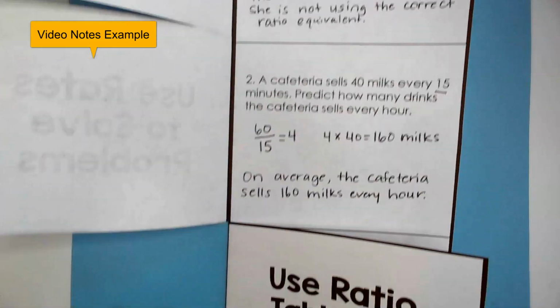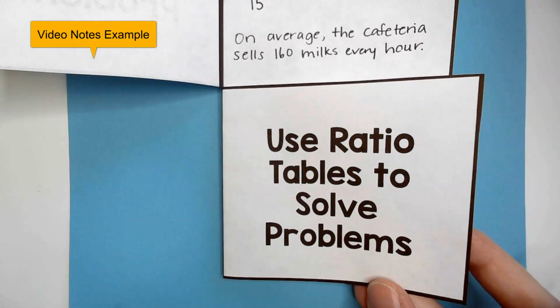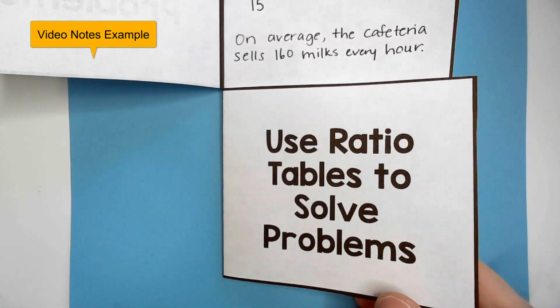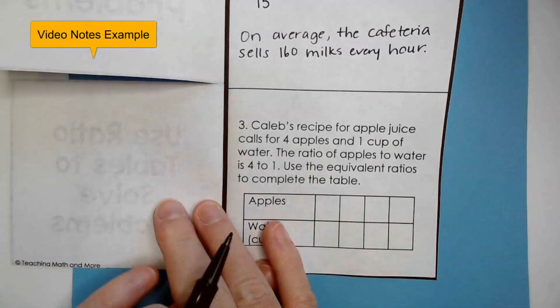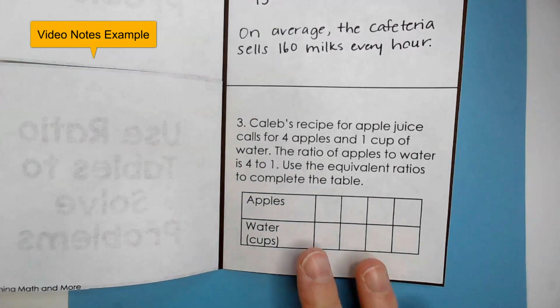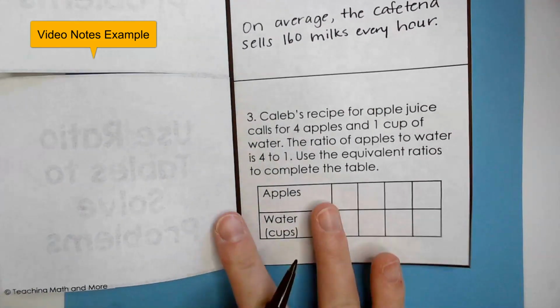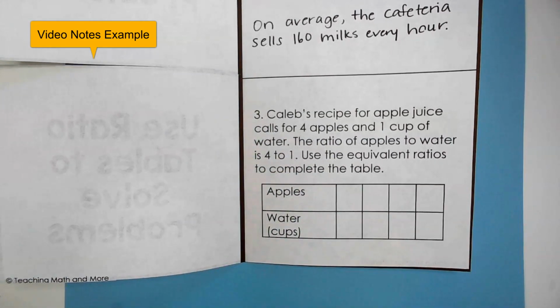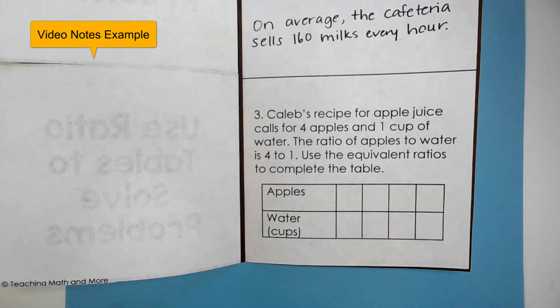Okay, let's go to problem number 3, using a ratio table to solve problems. For problem number 3, we see that Caleb's recipe for apple juice calls for 4 apples and 1 cup of water. The ratio of apples to water is 4 to 1. Use the equivalent ratios to complete the table.